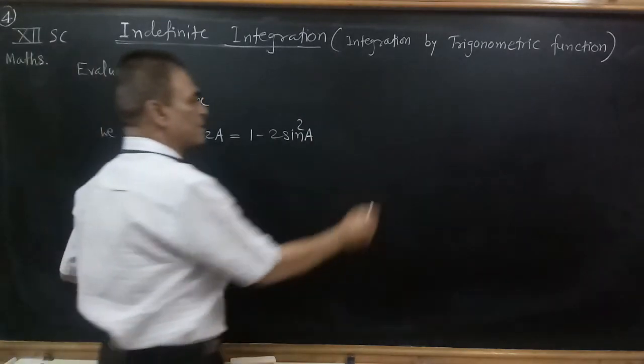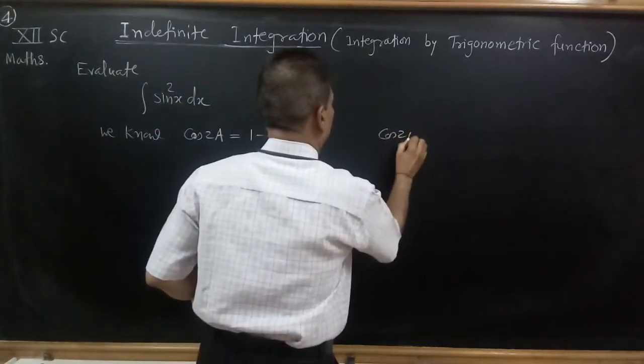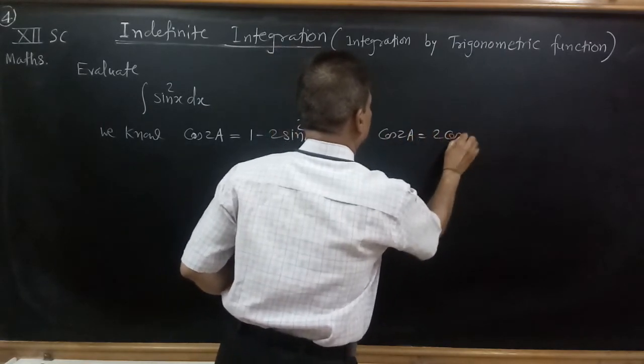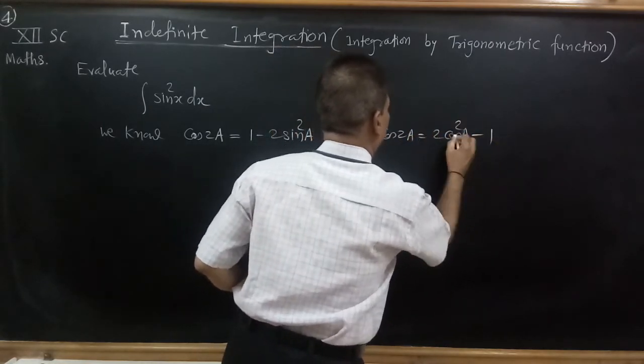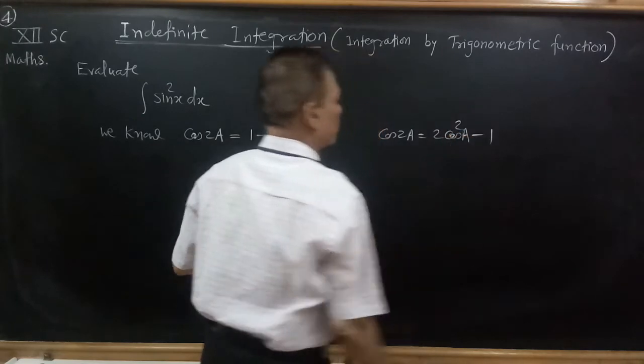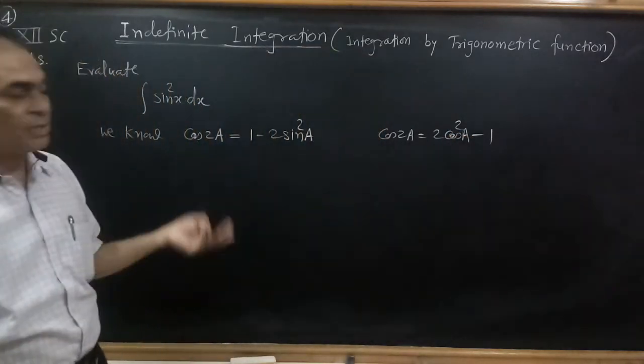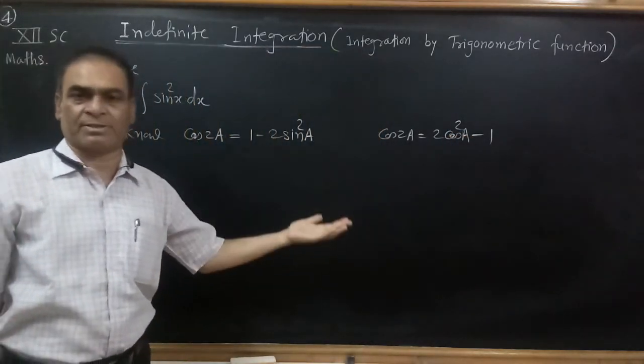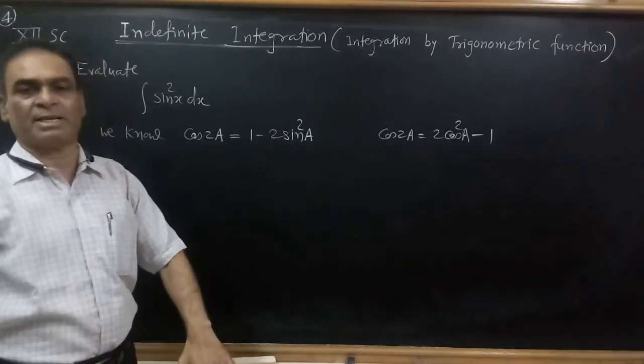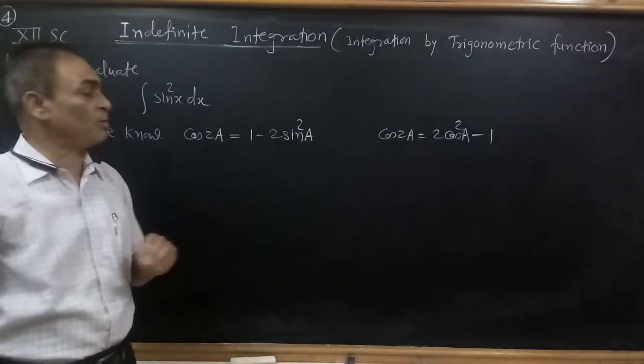The third formula is cos 2a equal to 2 cos square a minus 1. And the fourth formula, cos 2a equal to 1 minus tan square a divided by 1 plus tan square a. These are the four formulas.